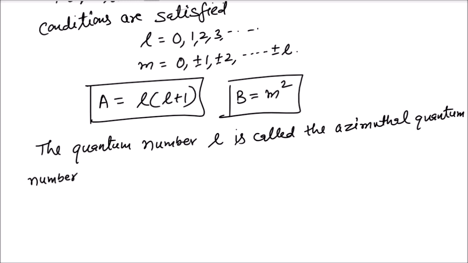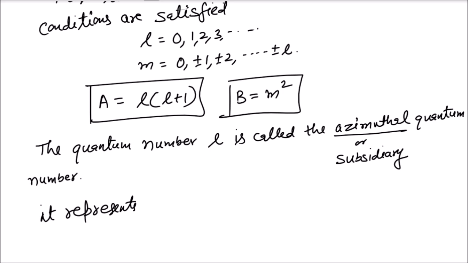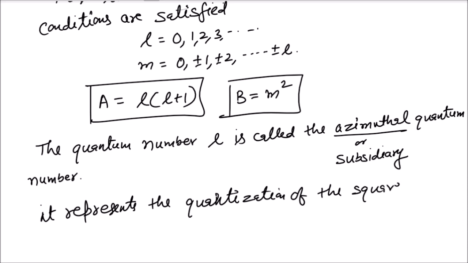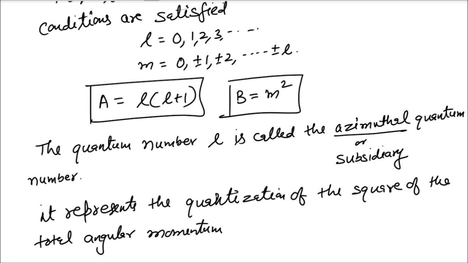It is also known as subsidiary quantum number, and it represents the quantization of the square of the total angular momentum.